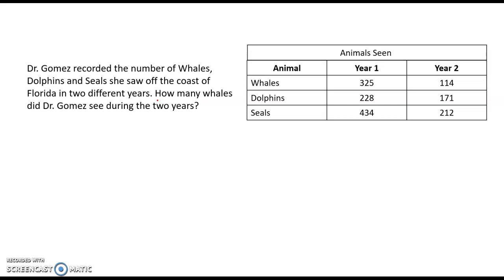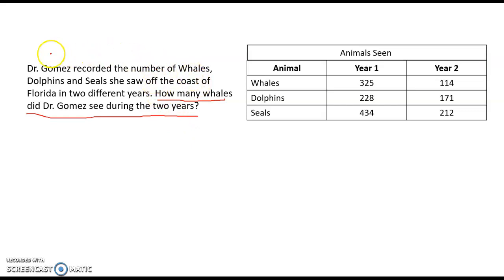So the problem's asking us to find how many whales Dr. Gomez saw in 2 years. Okay, so we aren't talking about the dolphins. We aren't talking about the seals. We're only looking at whales. What information is going to be helpful to solve this problem?